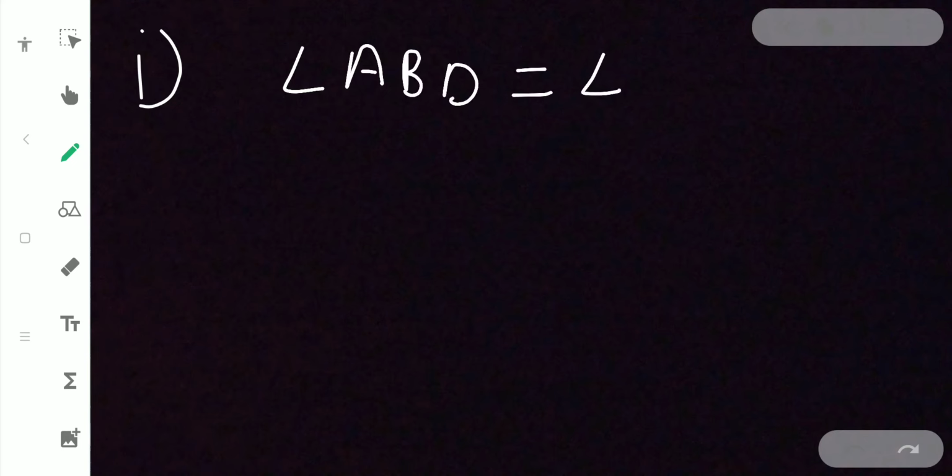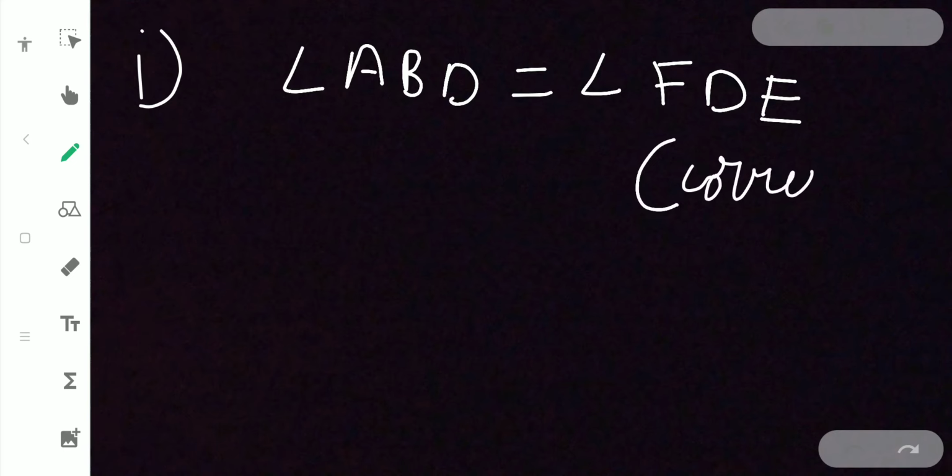So, as I have said, triangle GEB and triangle FDC. First we have to prove that these triangles are congruent. Now we have angle ABD is equal to angle FDE, thereby corresponding angles.